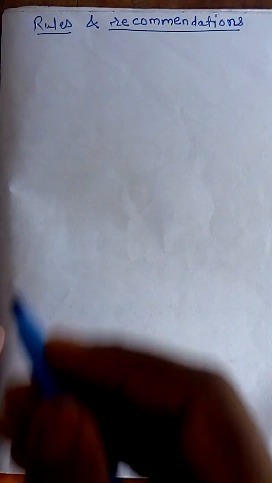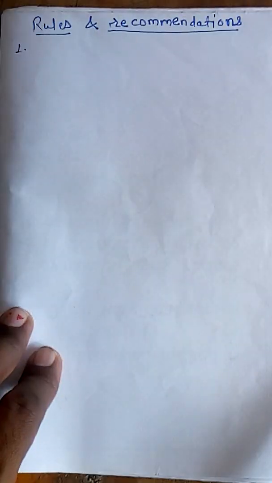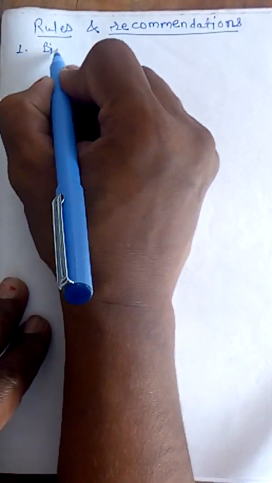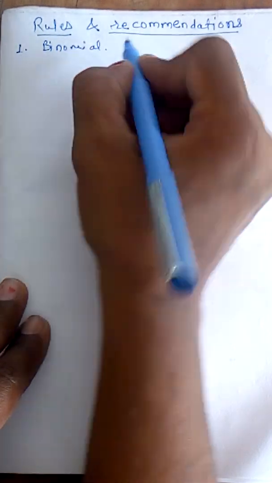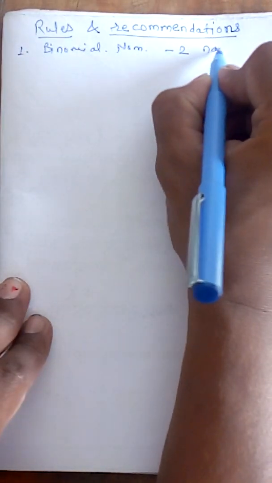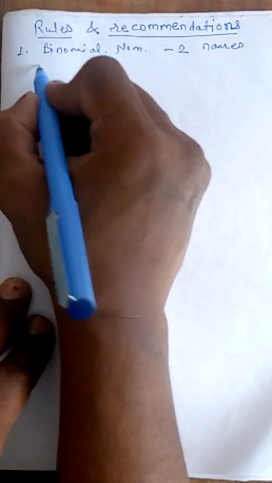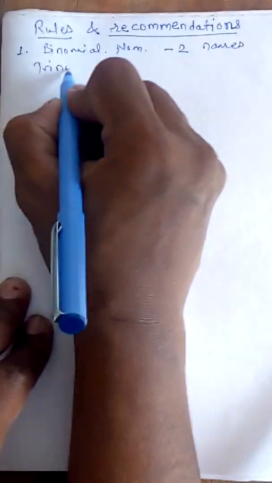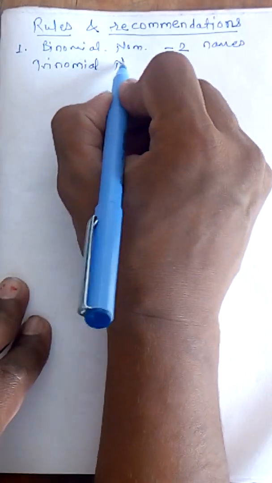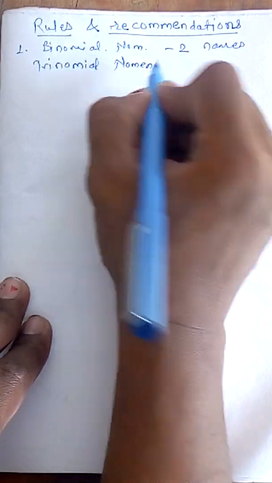Okay, so the first one: the naming system which is adopted is the binomial nomenclature. In the case of binomial nomenclature we include two names for giving the scientific name, or we consider the trinomial nomenclature in the case of animals.